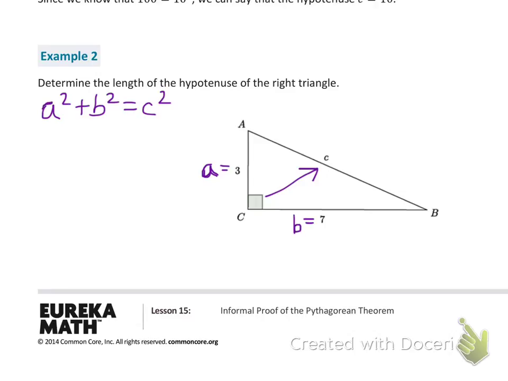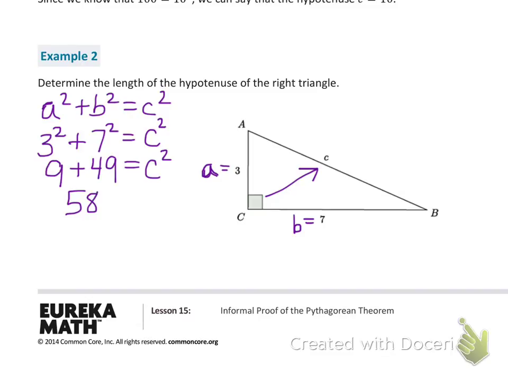This can be our b, and c is the hypotenuse. So if we put in 3 for a, 3 squared plus 7 squared is equal to the hypotenuse squared. 3 squared is 9. 7 squared is 49. And that is c squared. So 9 plus 49 would be 58, which is equal to c squared.